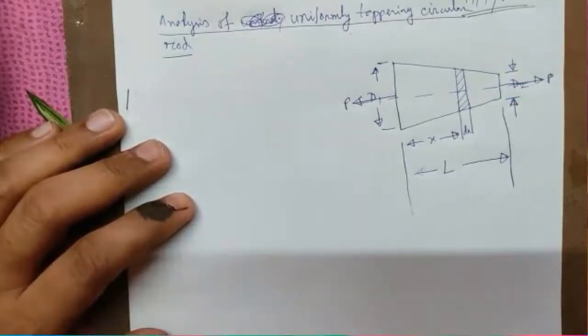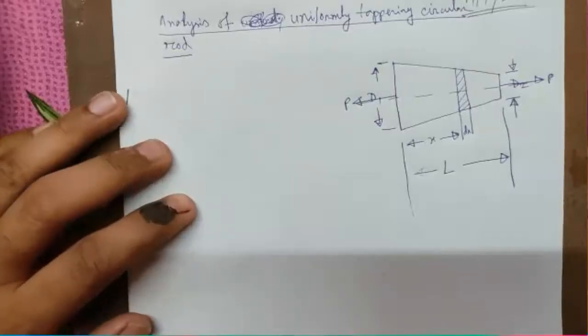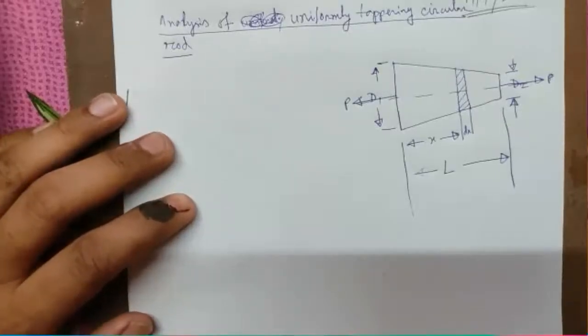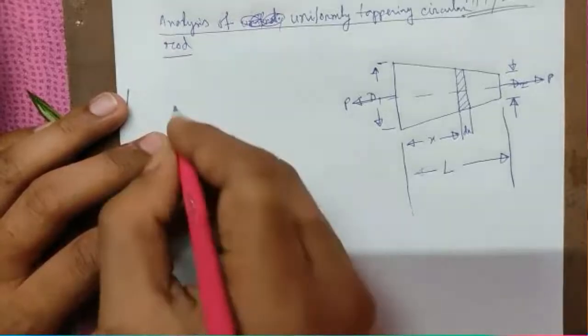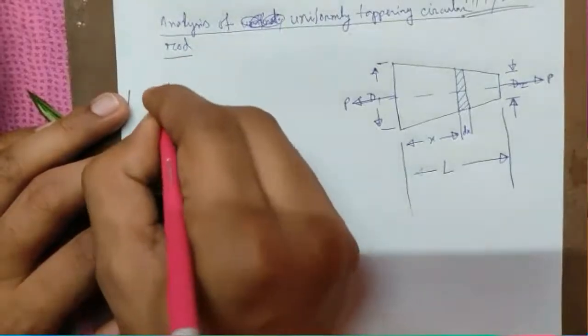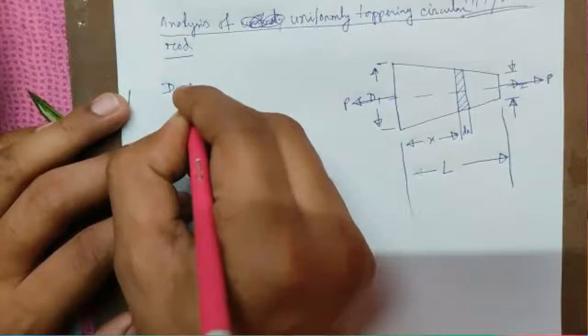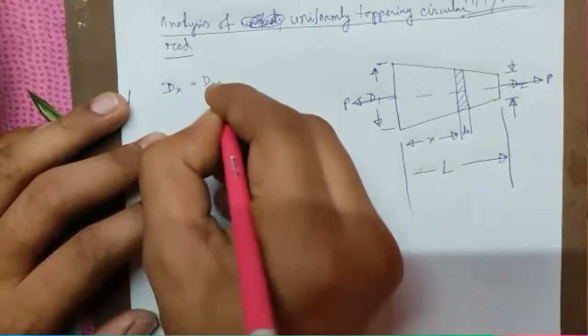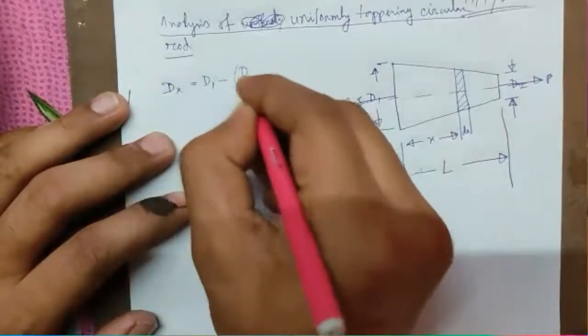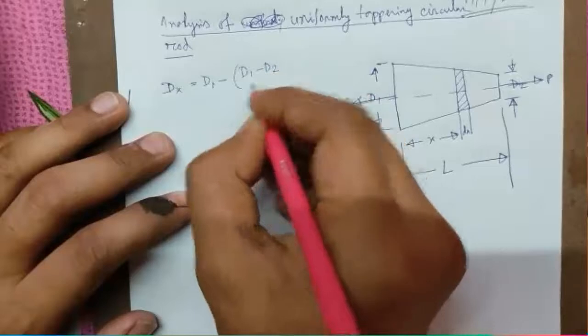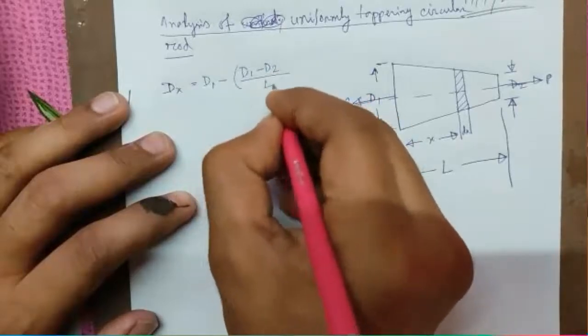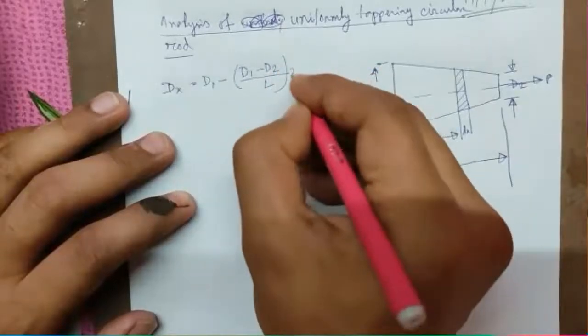Now this is a strip of thickness dx. Now the dx is so small that we will take that the cross section is not varied there. So in such a case, the diameter at x will be written as d1 minus d2 by capital L into x.